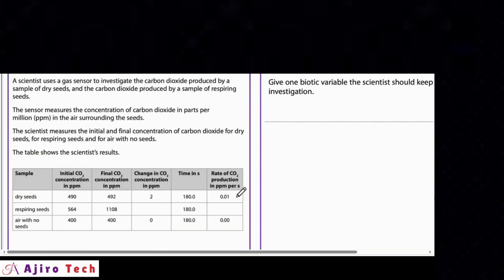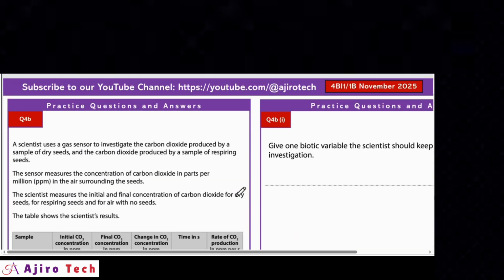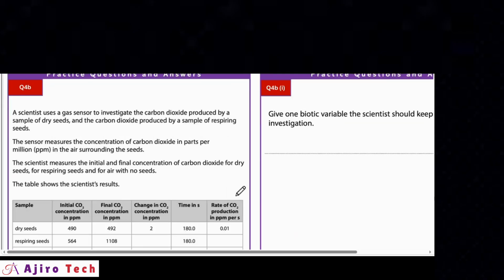4B is also another investigation. A scientist uses a gas sensor to investigate the carbon dioxide produced by a sample of dry seeds. The gas sensor will have to be sensitive to carbon dioxide.